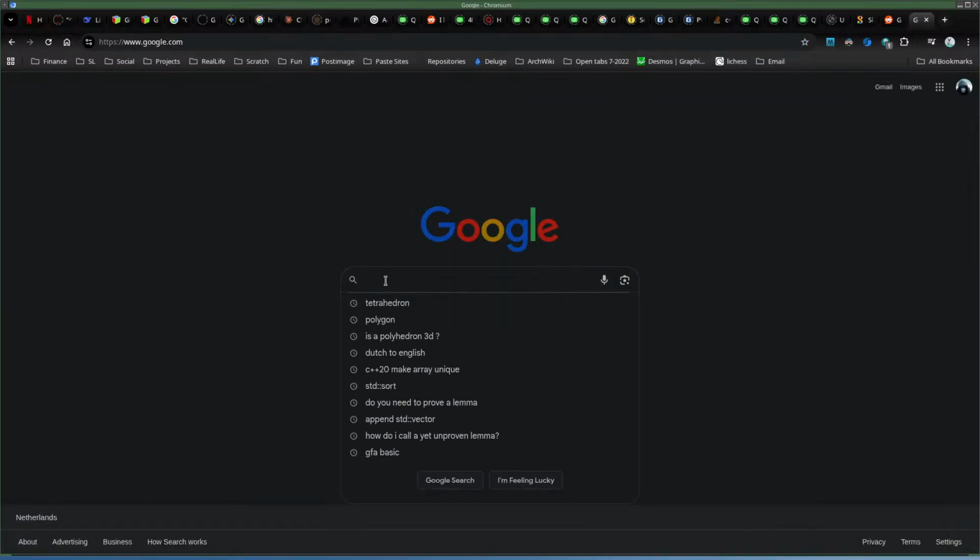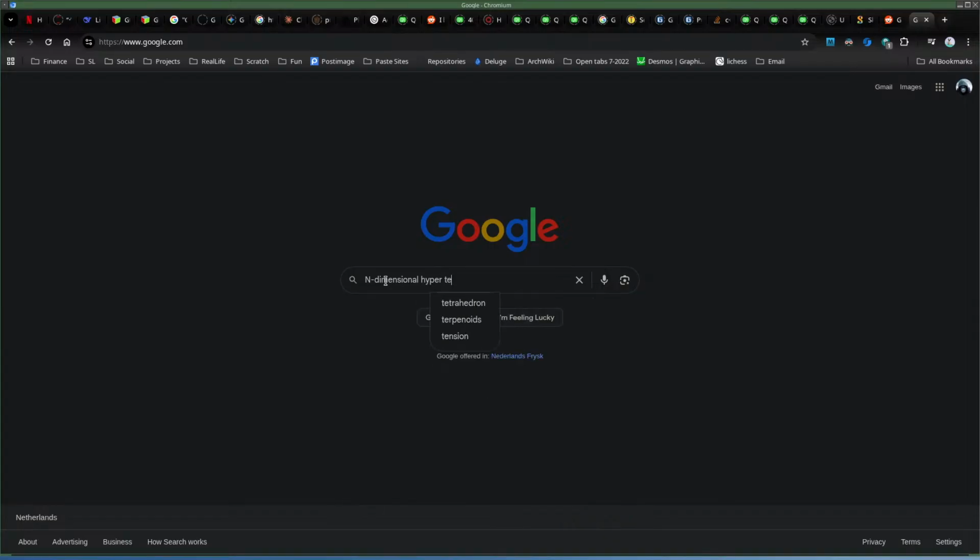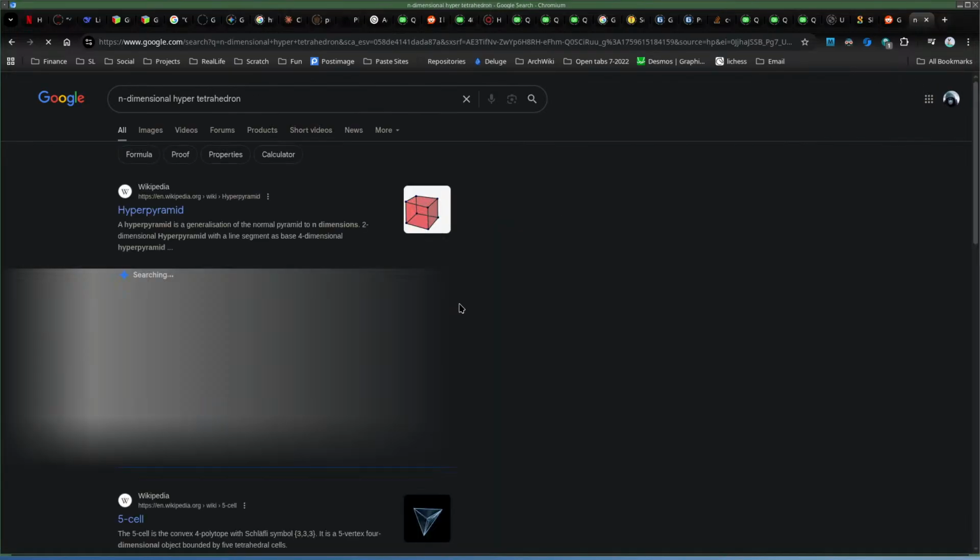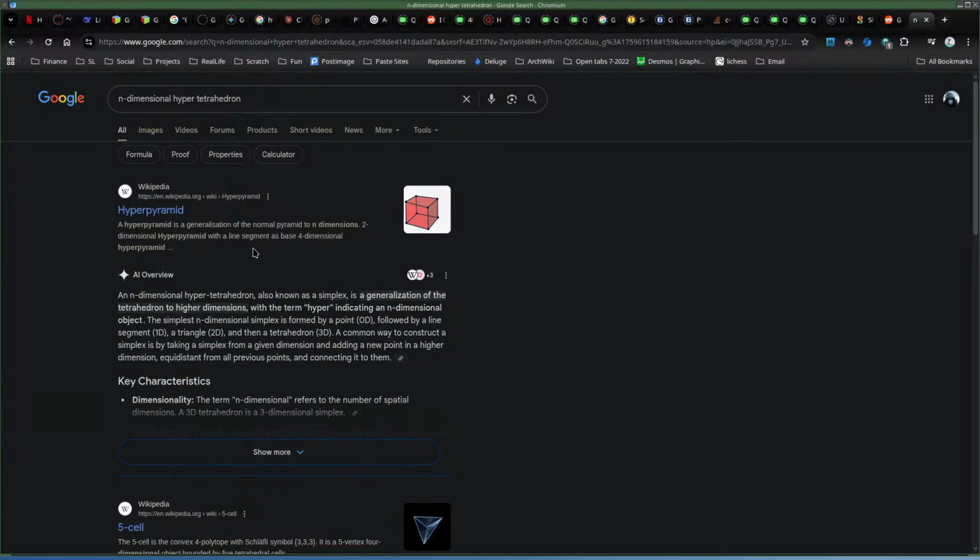I'm just going to cheat. An n-dimensional hyper tetrahedron. A hyperpyramid is a normal pyramid. I'm talking about tetrahedron, not a pyramid. It's called a simplex. Generalization of that tetrahedron to higher dimensions with the term hyper indicating n-dimensional object. Okay, it's called the simplex.